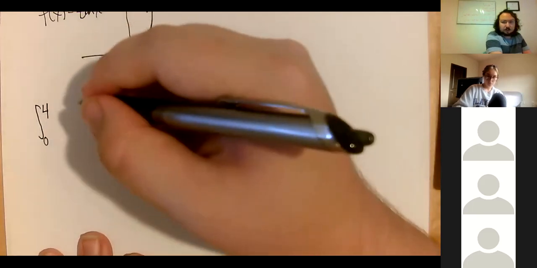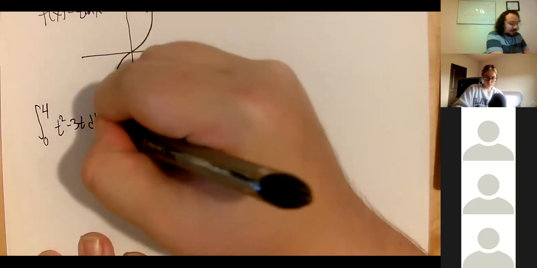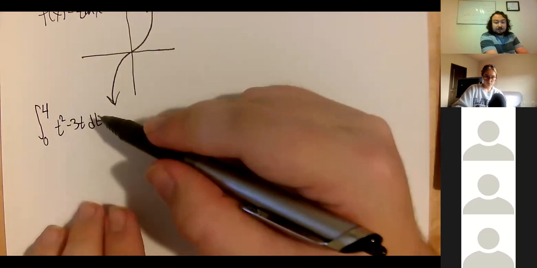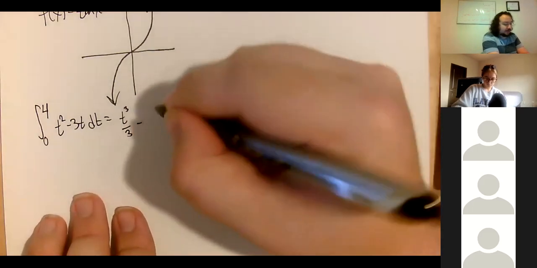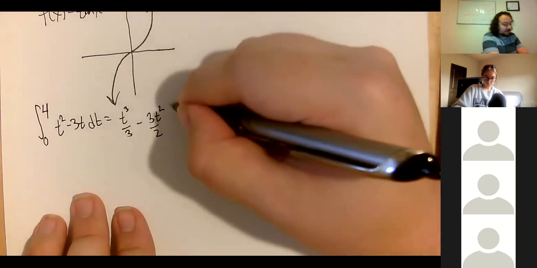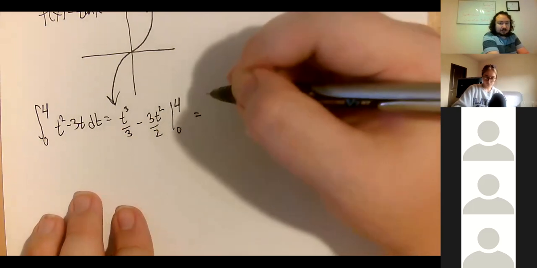We have 0 to 4, and our velocity was t squared minus 3t. We do the antiderivative, and we end up with t cubed over 3 minus 3t squared over 2 from 0 to 4.